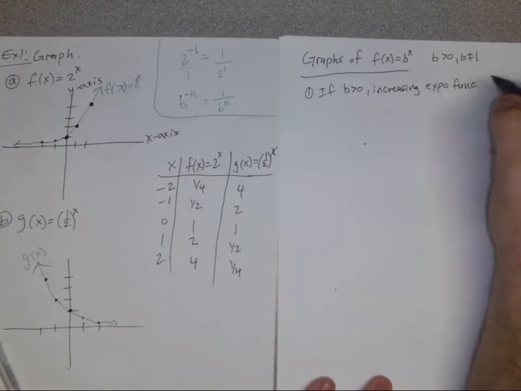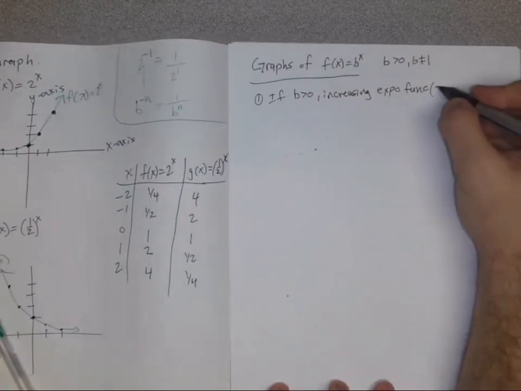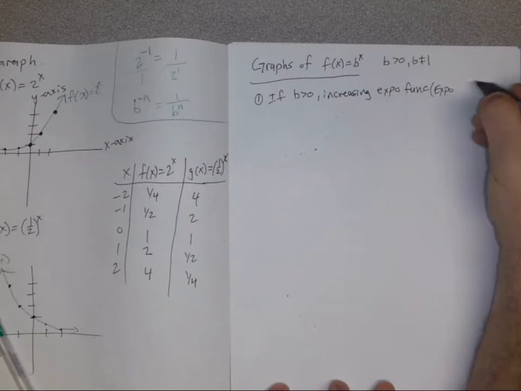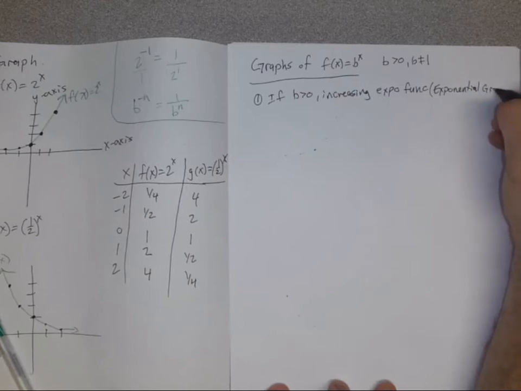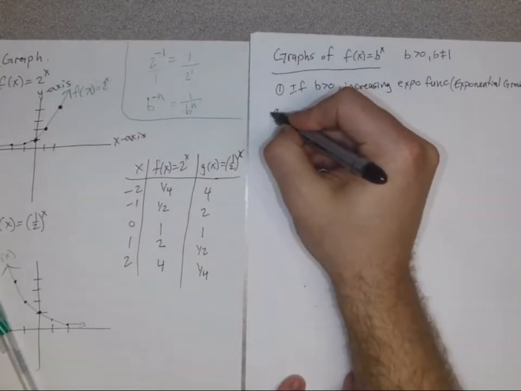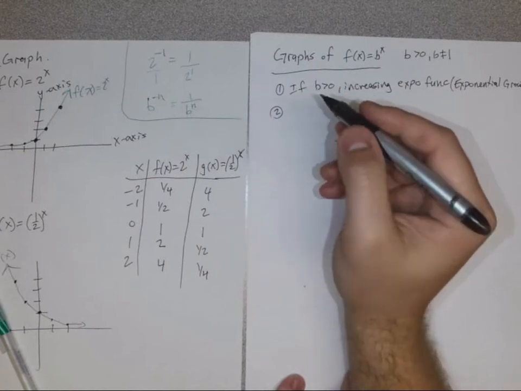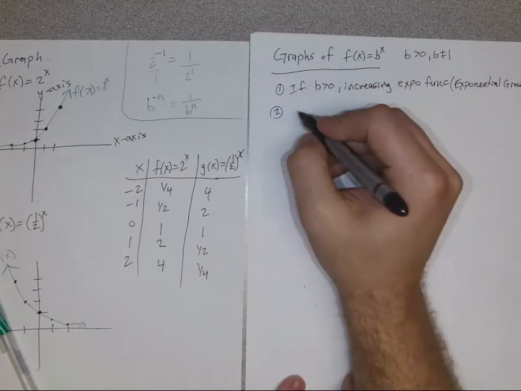Sometimes you'll hear this called an exponential growth function. Exponential growth. Part 2, and really this is part of number 1 still, but we'll call it number 2.